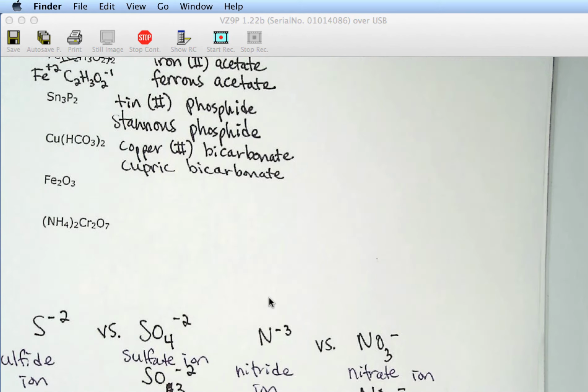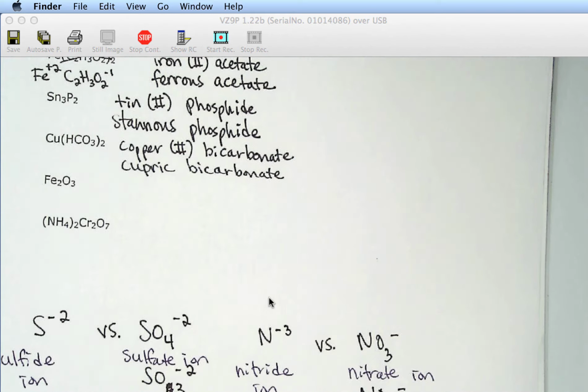Will you ever, on an exam, ask for one over the other? It's possible. I could say, name this compound using common nomenclature. But by and large, when I'm asking, I'll say either IUPAC or common.